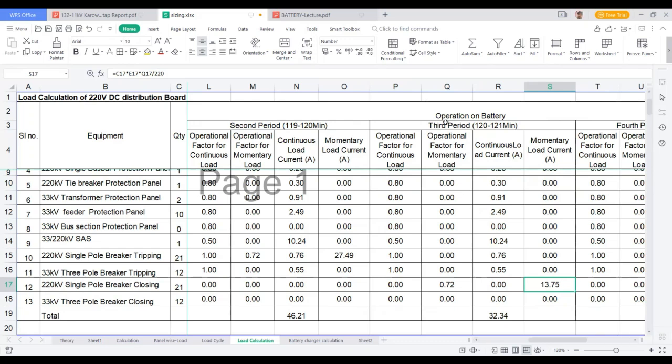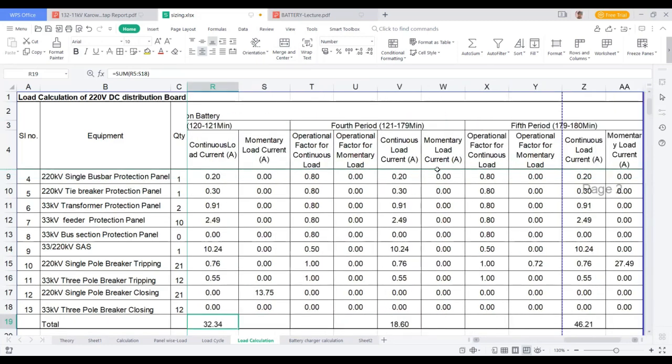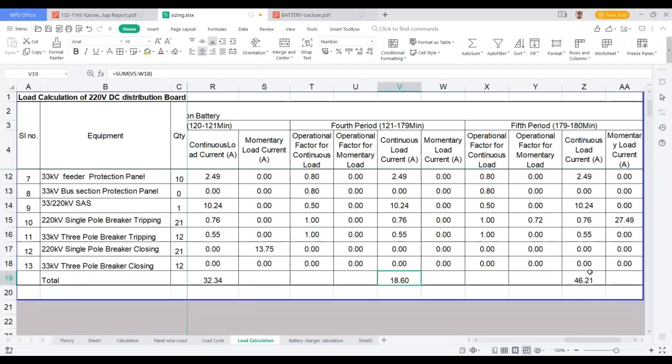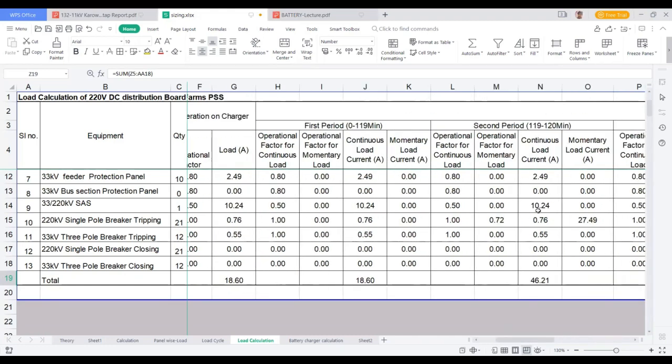At the third period, the load is 32.34. In the fourth period, again I require 18.6. And in the fifth period, it was assumed that the double bus bar protection operates again, so that results in 46.21, the same as in the second period.